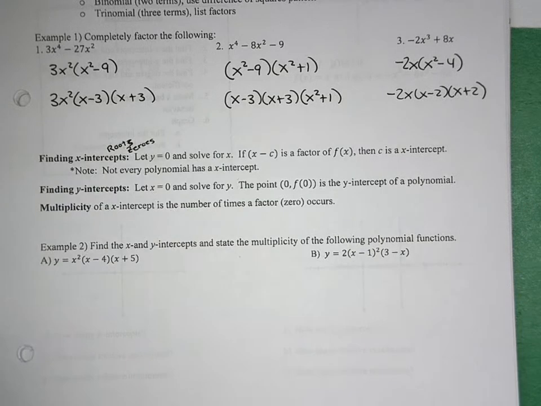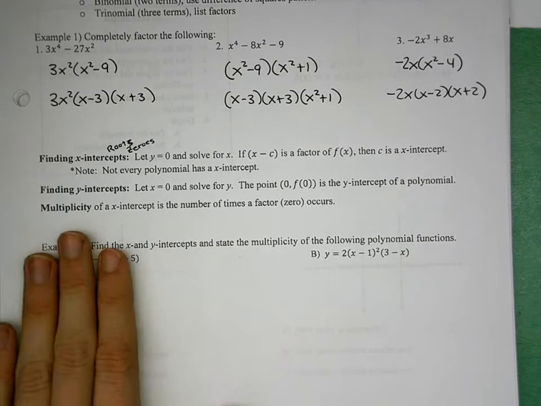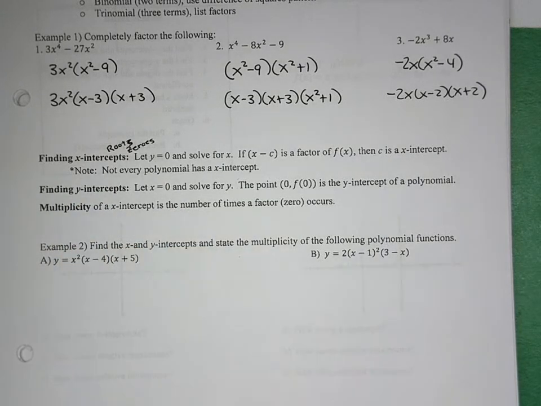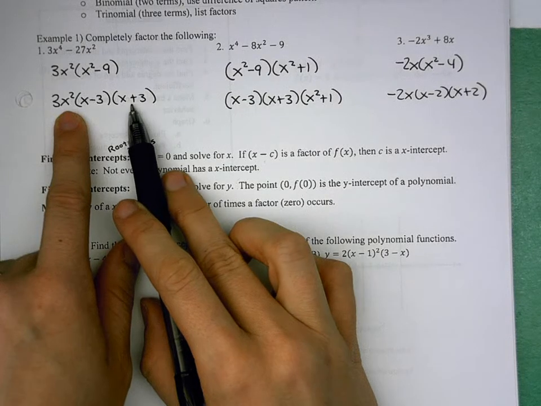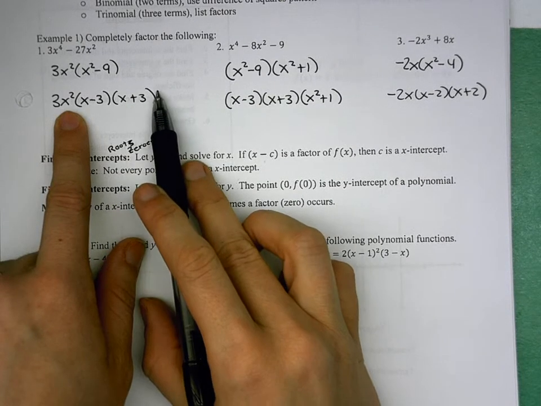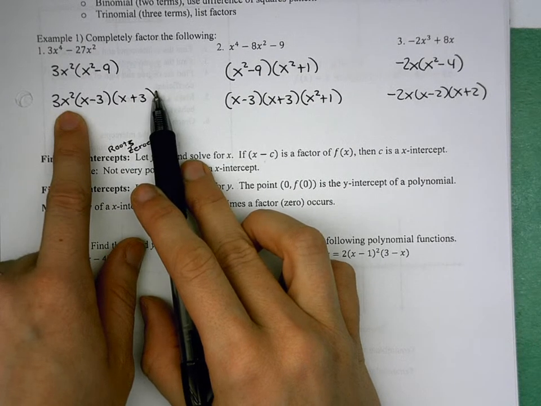Okay? And then last but not least, we have multiplicity. Multiplicity of an x-intercept is the number of times the 0 occurs. Okay? And so in essence, what that's asking us is what is the exponent that's attached to that particular factor. Okay, so for this particular one, we'd have an x-intercept at negative 3. Well, it has a multiplicity of 1.